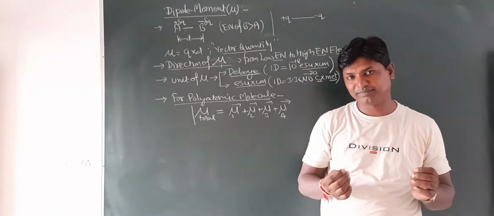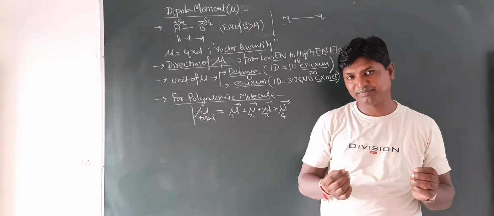If there is a theta angle between two dipoles, suppose this is dipole 1 and this is dipole 2, and the angle between them is theta. The resultant will be like this.